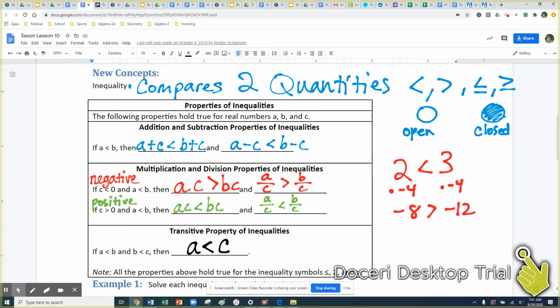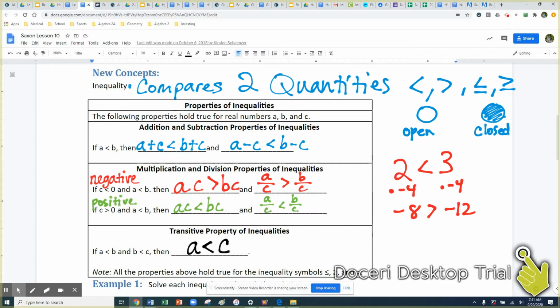So open and closed are going to show that the closed dot, if it's an equal to, we're actually counting the solution that the dot is on. And if it's an open, we're not counting that solution where the dot is on. So we're only counting the solutions right next to it. So since inequalities have infinite solutions, we're going to graph them because then we don't have to worry about writing out all infinite solutions. That would just be a waste of time.